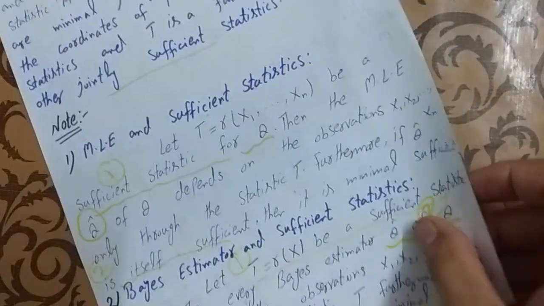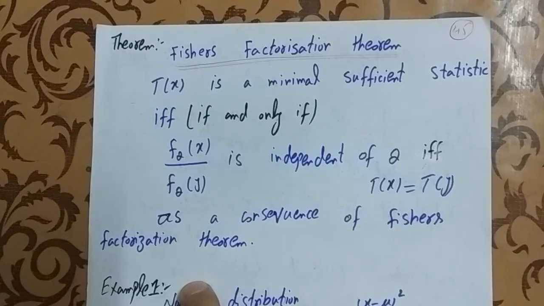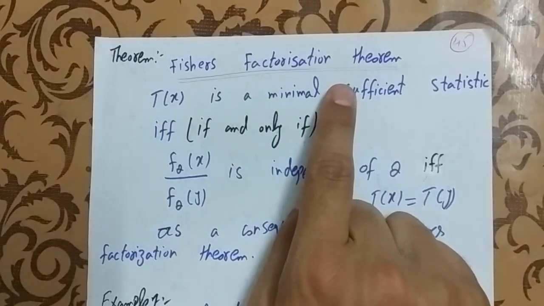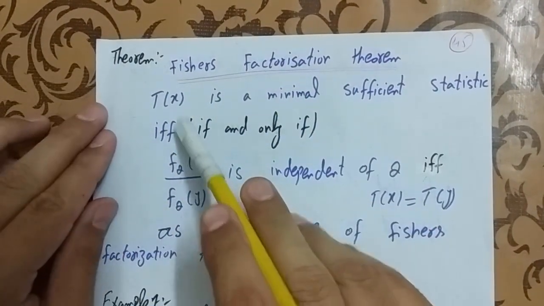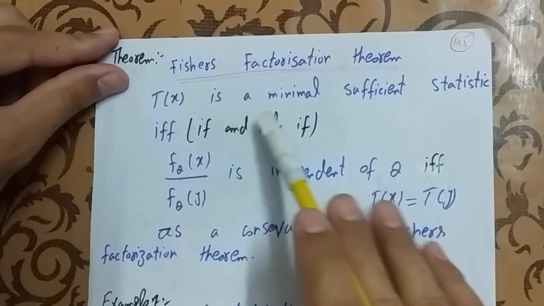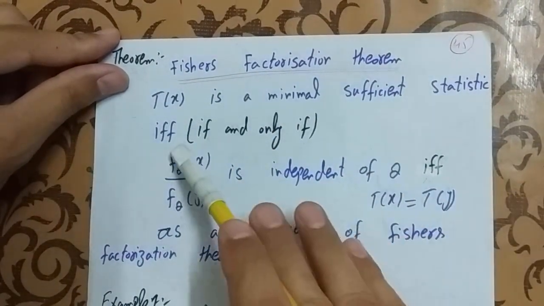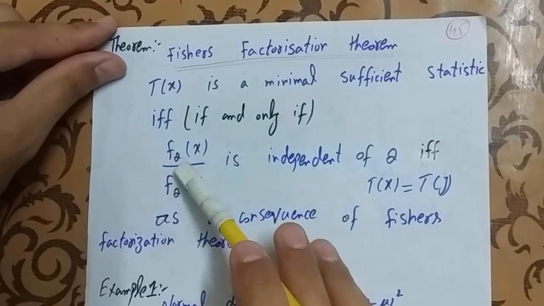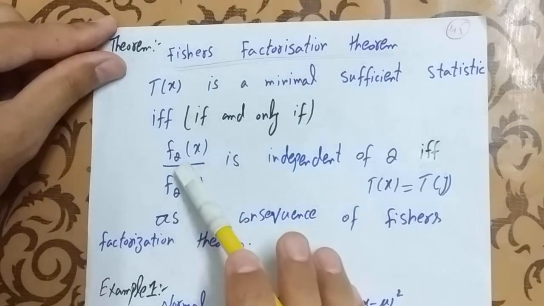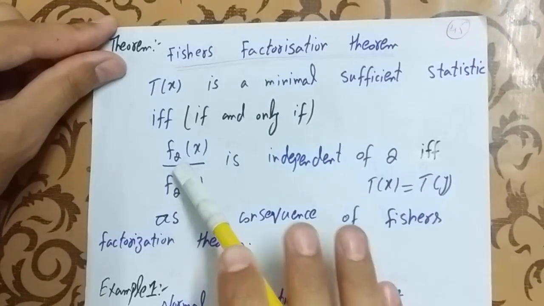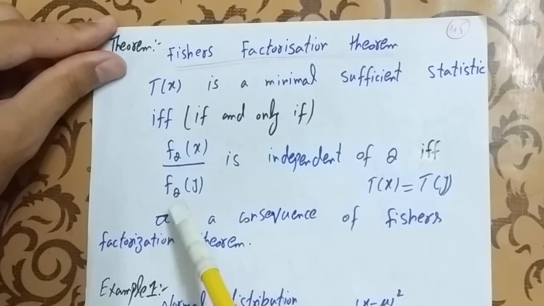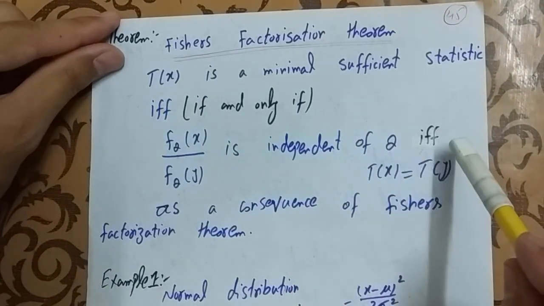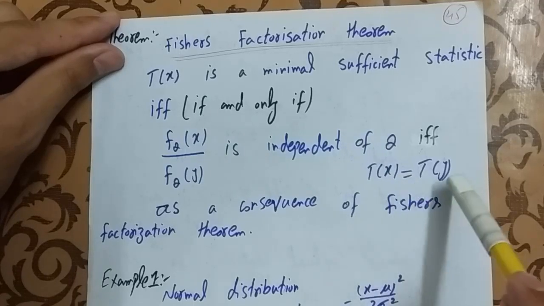Now the next one is the theorem, Fisher factorization theorem. That is, capital T of X is a minimal sufficient statistic if and only if f theta of X over f theta of y, where theta is the parameter, is independent of theta, if and only if T of X equals T of y.